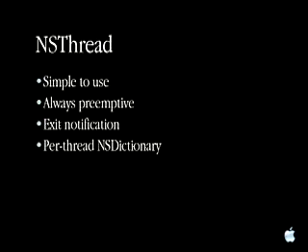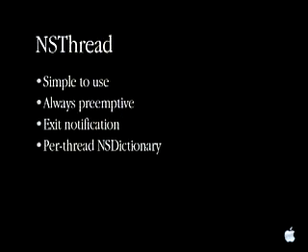You can get the thread's state at any time. The preemptive nature of the thread isn't unique. All the thread models I've described are preemptive. There's an exit notification for NSThreads where even though the thread is detached, meaning that it can go away and you can forget about it, you could also register for a notification saying, I'd like to know when this thread goes away to clean up resources.